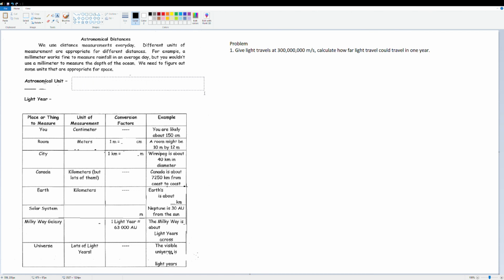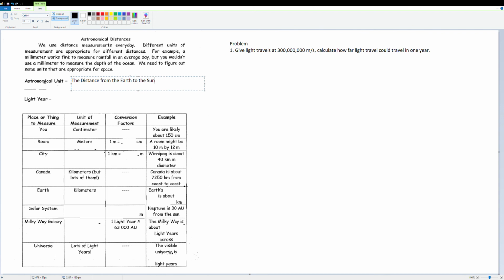So the first one is an astronomical unit. An astronomical unit is the distance from the Earth to the Sun. Now, we know that the distance between the Earth and the Sun isn't always constant. There's an aphelion and a perihelion, but this is the average distance.